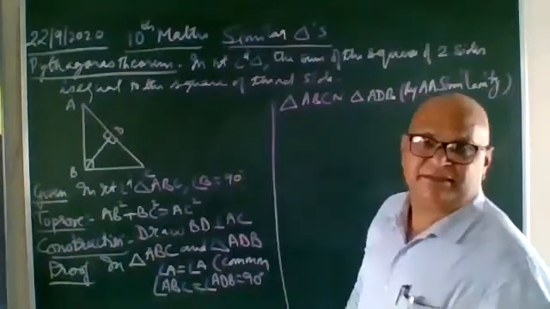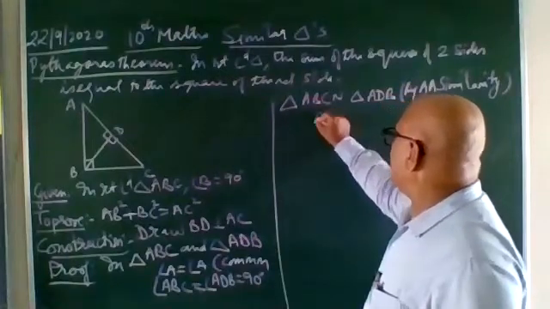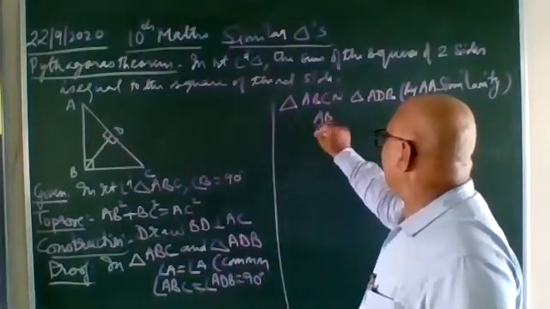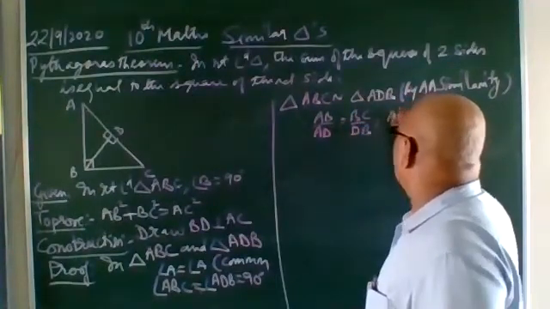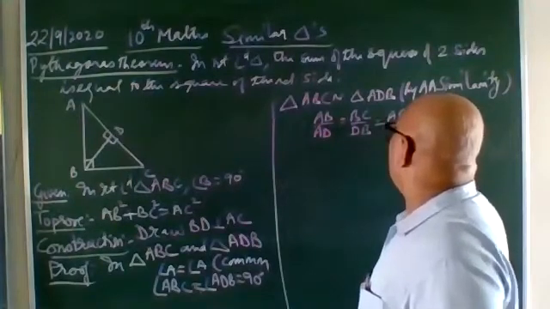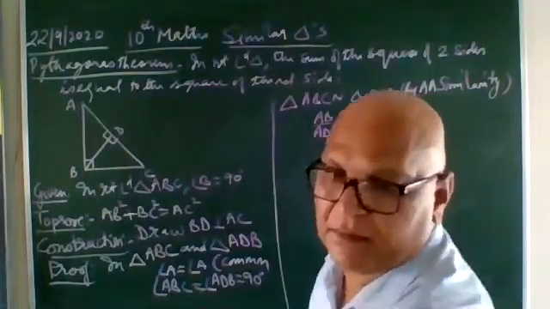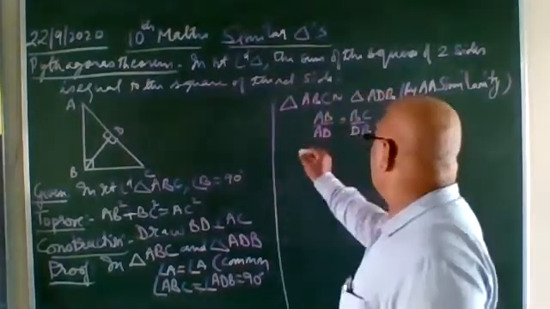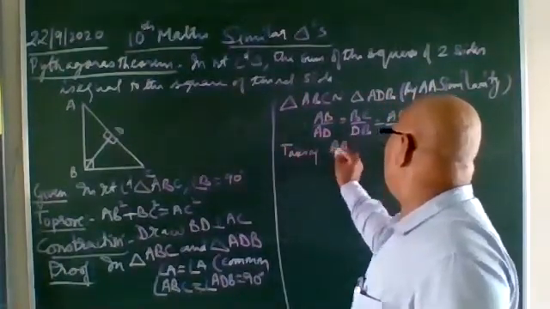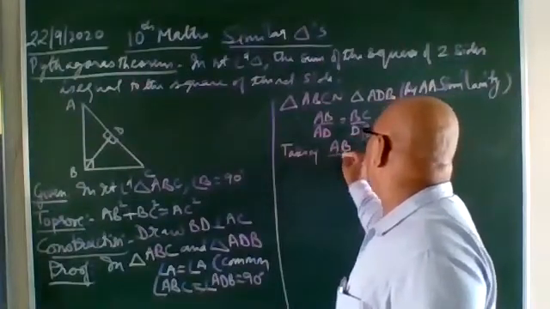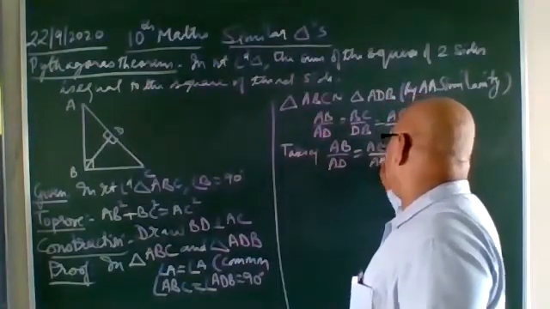When two triangles are similar, sides are in proportion. So therefore, AB upon AD, BC upon DB, AC upon AB. Now taking AB upon AD equal to AC upon AB.